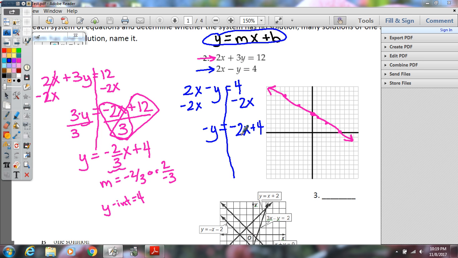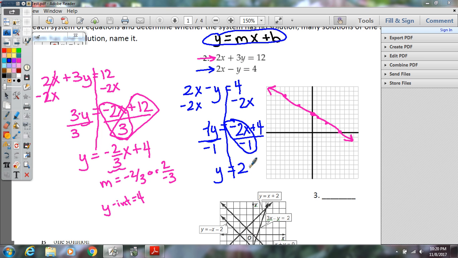Now, keep going. We've got to solve it for y. Guys, right now there's a negative 1 sitting here in front that we're going to have to divide everything by negative 1. That's going to get us a positive y is equal to, now on the other side, when you do negative 2x divided by negative 1, guys, a negative divided by a negative is a positive 2x, and then 4 divided by negative 1 is going to get us negative 4.